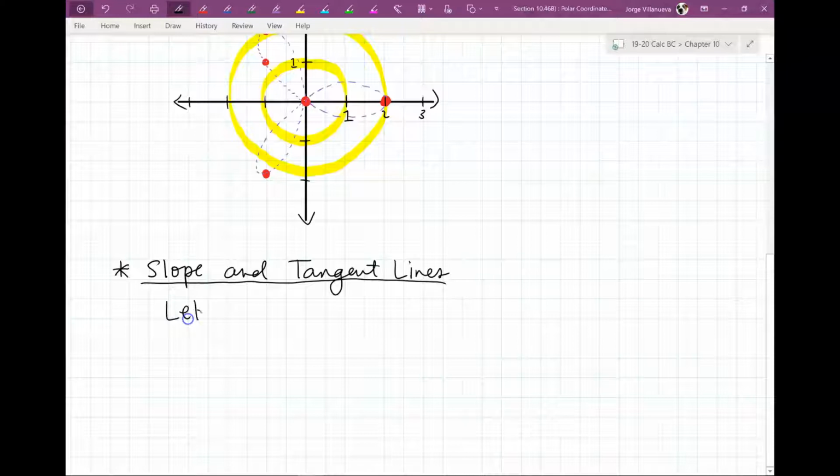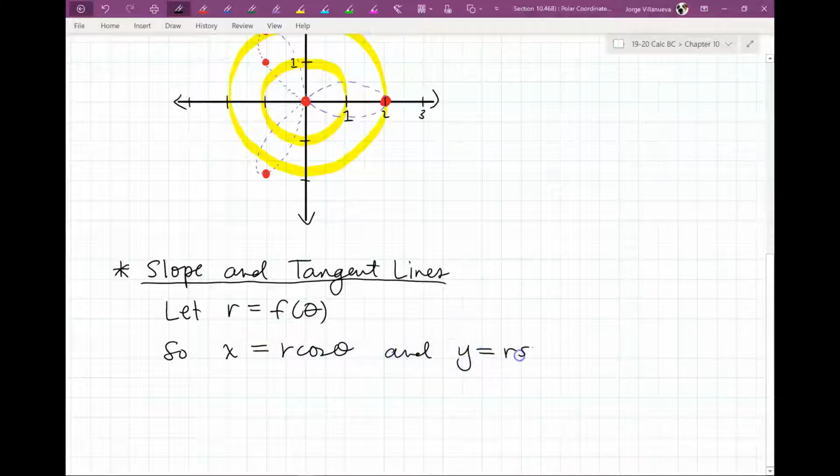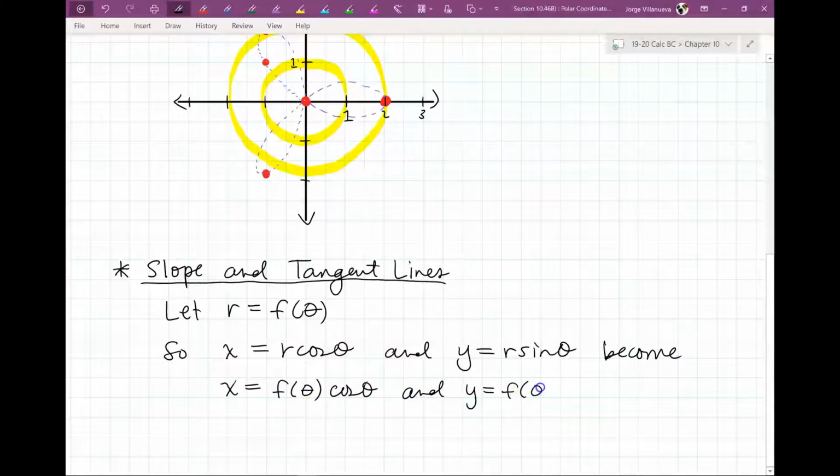So let r equal f of theta. So x equal to r cosine theta and y equal to r sine theta become x equal to f of theta cosine theta and y equal to f of theta sine theta.